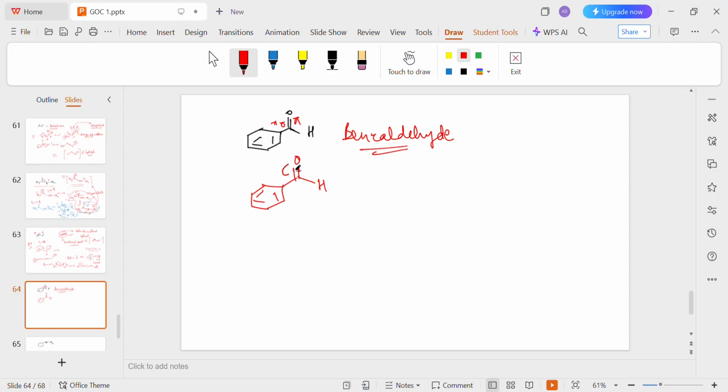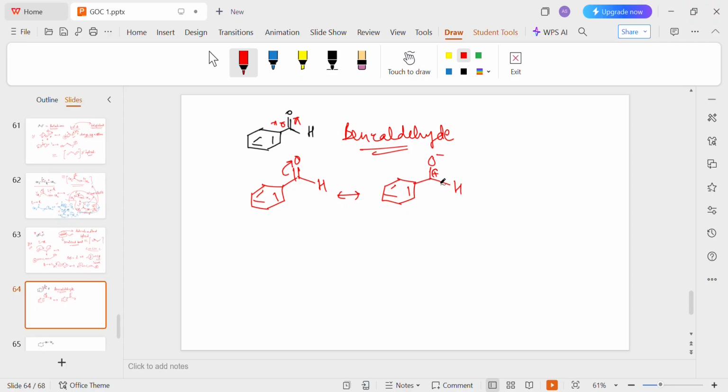So when these pi electrons are shifted towards oxygen first. इसके contributing structures के लिए सबसे पहले याद रखो ये pi bond पहले ऑक्सीजन की तरफ शिफ्ट होती है. ओके तो फिर क्या होता है? What happens next? This becomes a sigma bond, a negative charge is here, and this becomes a carbocation.